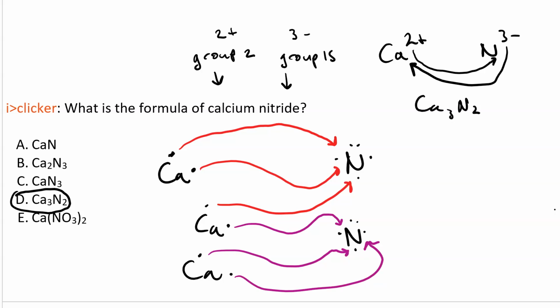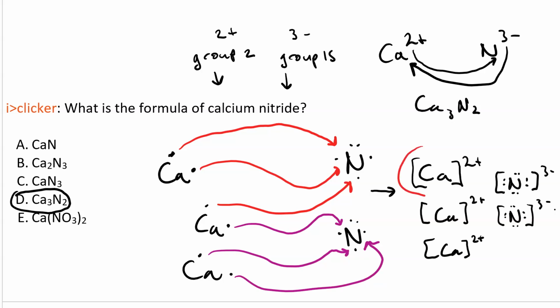Now all of the electrons have been transferred. In the end, here's the Lewis symbol for a calcium ion. 0 valence electrons inside the brackets, because it lost both of them, and a 2+ charge. And there's 3 calcium ions. Each nitride ion has 8 valence electrons, because it started with 5 and gained 3, so 8 dots inside the brackets, and then a charge of 3-, and there are 2 nitride ions.